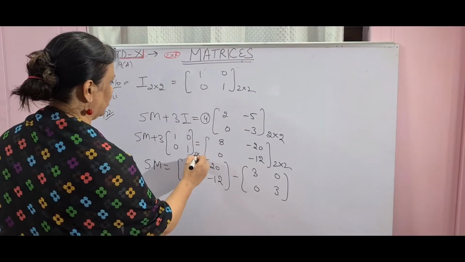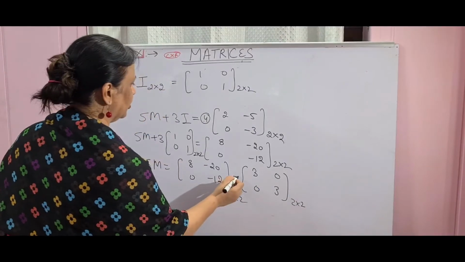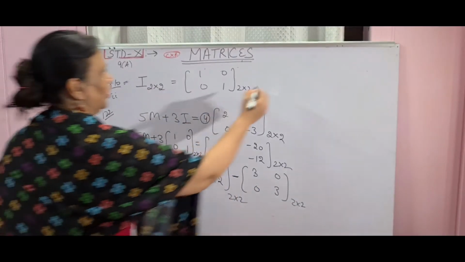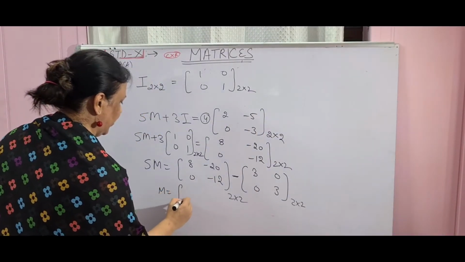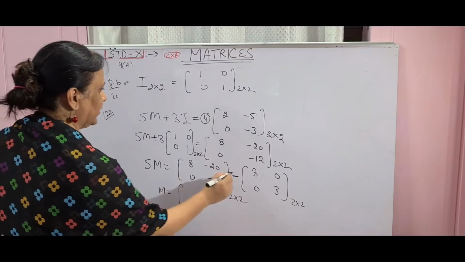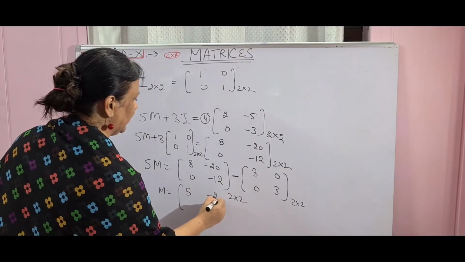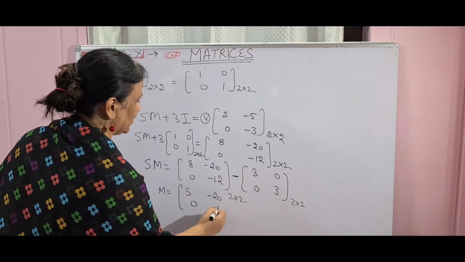Again, please don't forget to write the order, 2 into 2, 2 into 2. Then you know the subtraction is possible because the order is the same. So writing it at the bottom of the board: 8 minus 3, 5, minus 20 minus 0, again minus 20, 0 minus 0 is 0, minus 12 minus 3 is minus 15.